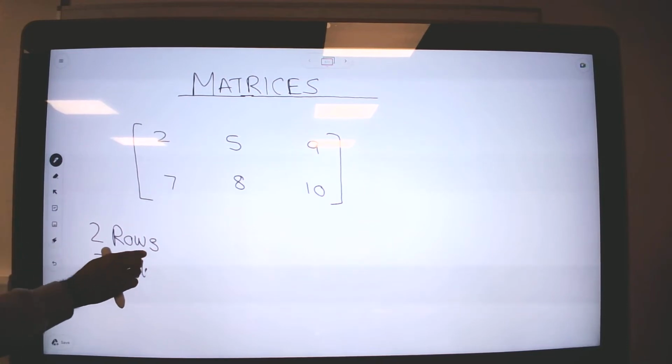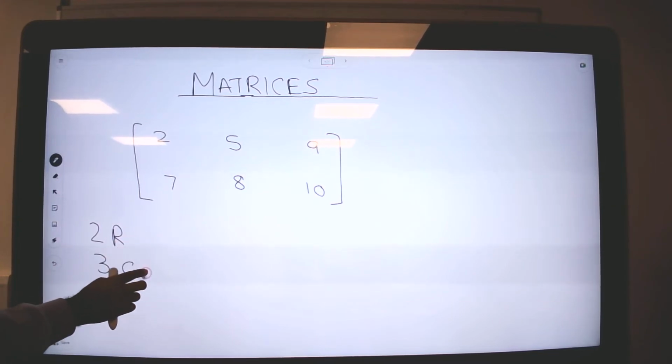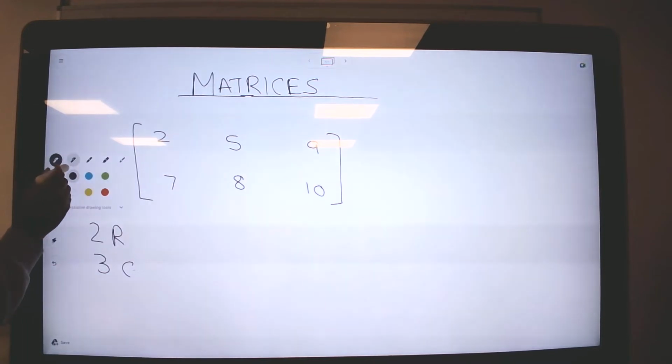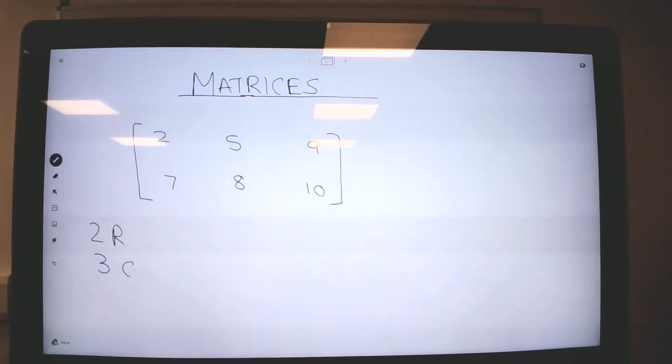From now onward, for the row we are going to use R, and for the column we are going to use C. So row is R and the column is C. Now there is a thing called the order of the matrix.